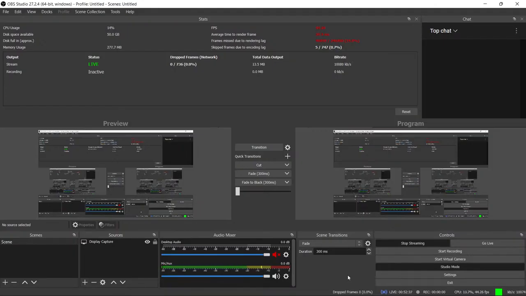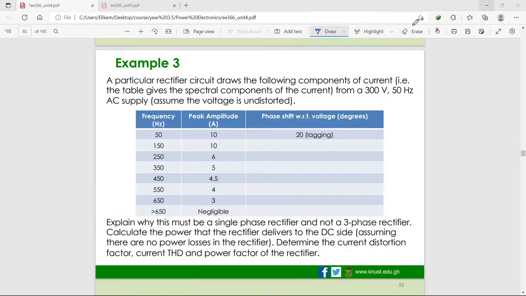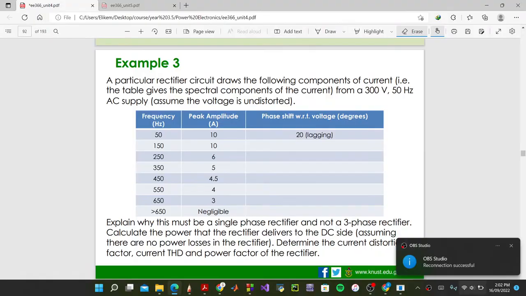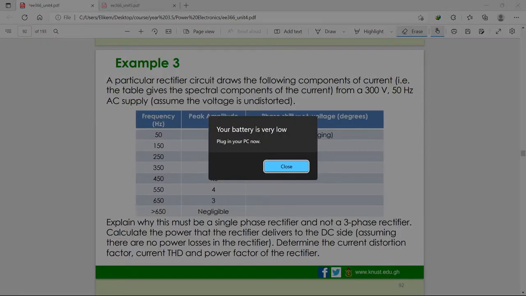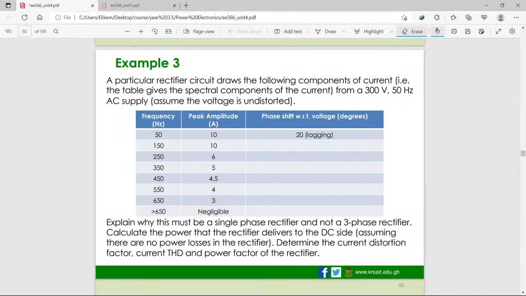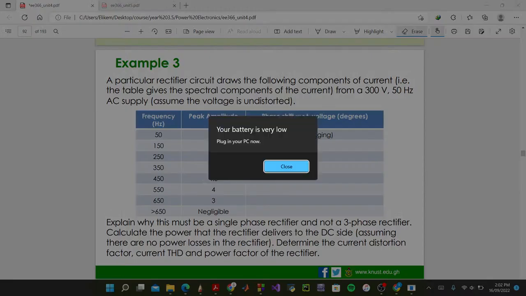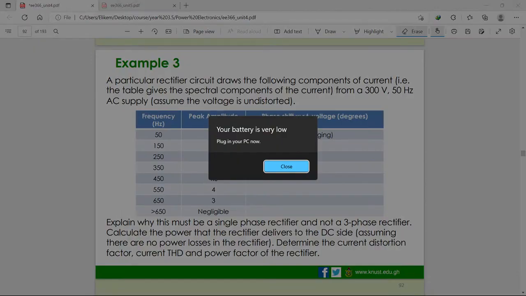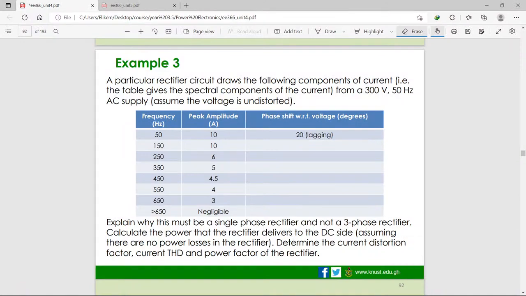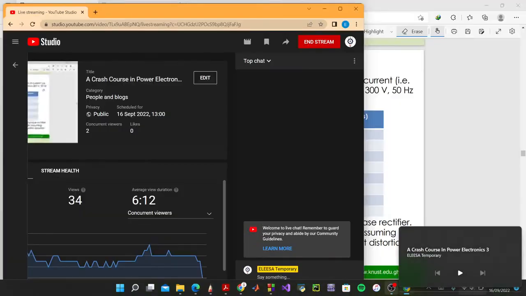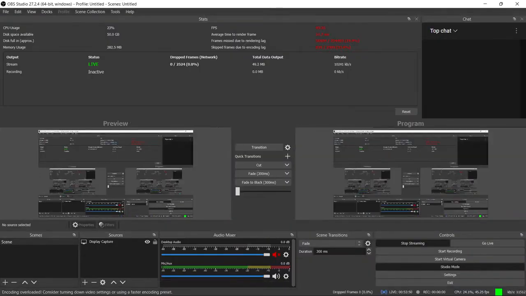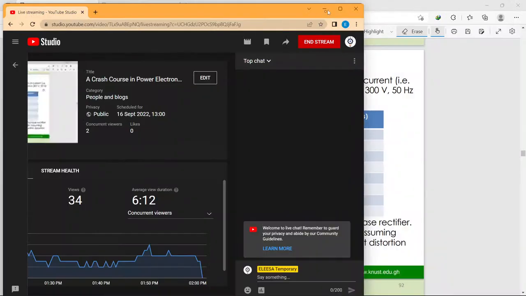Come on, finish. What is going on? The thing is plugged in, it's showing, but we're streaming.